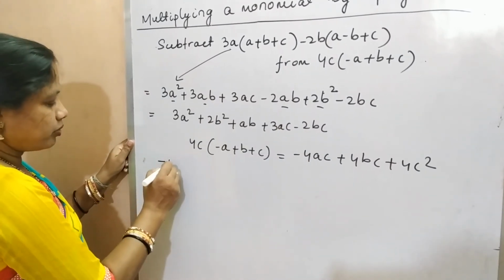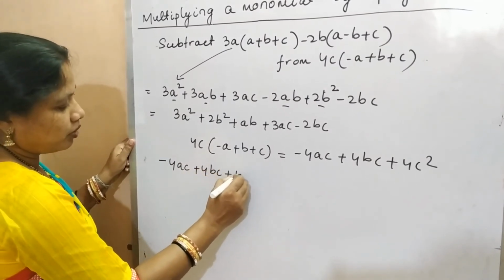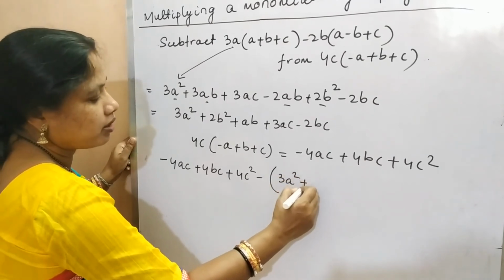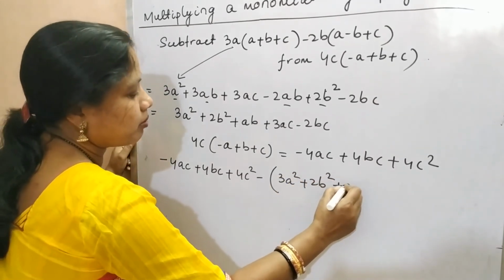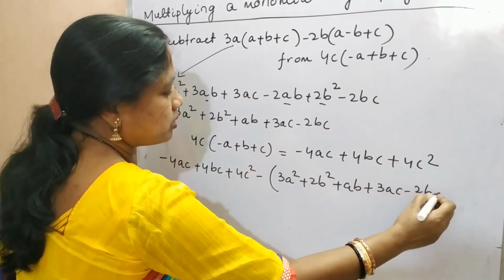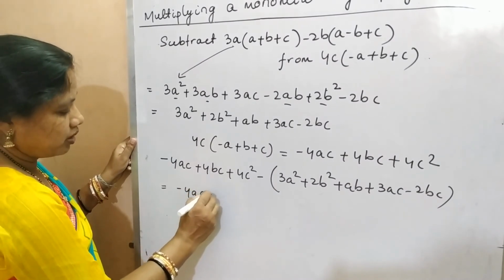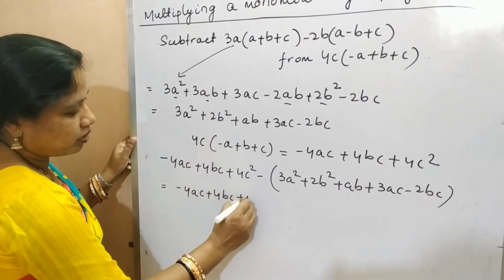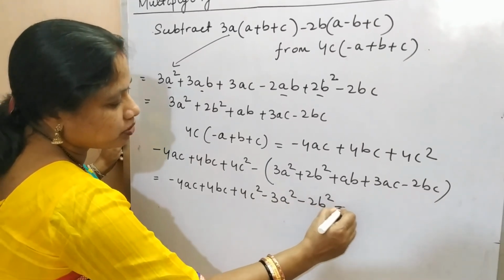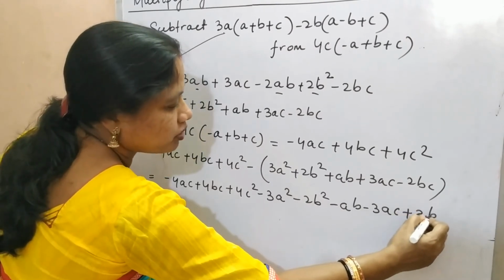So we have to write minus 4ac plus 4bc plus 4c square minus (3a square plus 2b square plus ab plus 3ac minus 2bc). So this becomes minus 4ac plus 4bc plus 4c square minus 3a square minus 2b square minus ab minus 3ac plus 2bc.